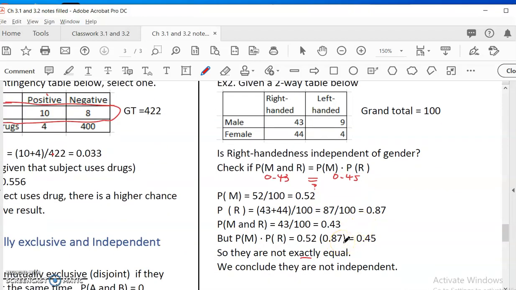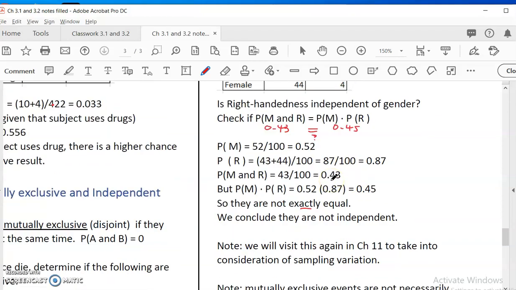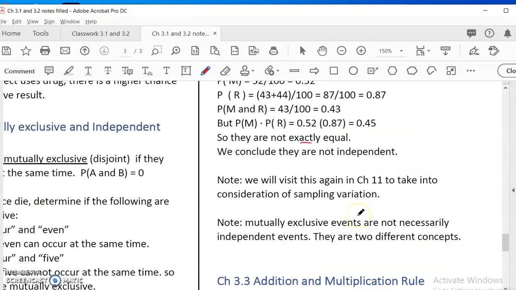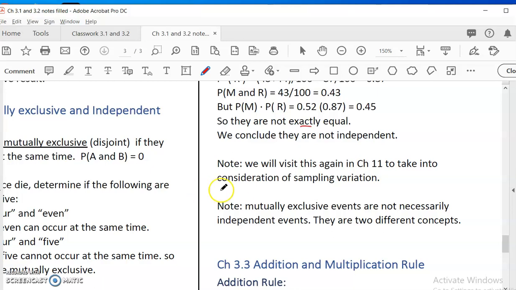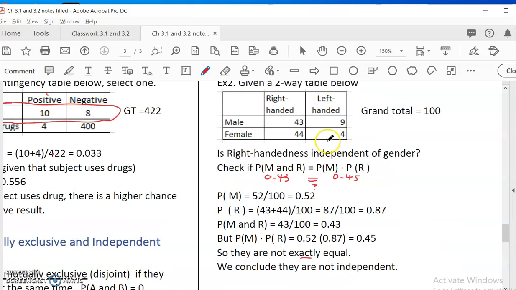They affect each other. But if they're that close, you need probability, you need statistical analysis to see if this difference is really because of sampling variation instead of the fact that they are not independent. So chapter 11, remember, we will run into this again.